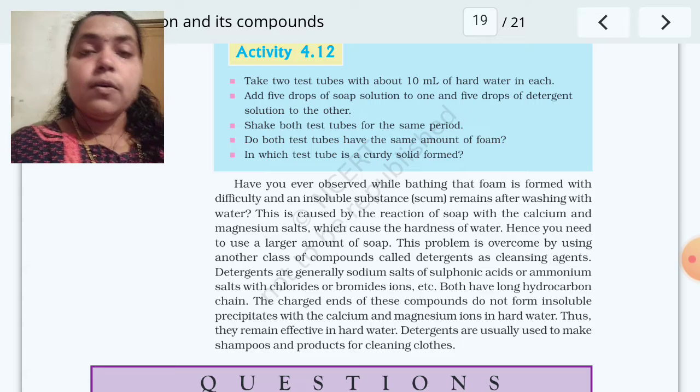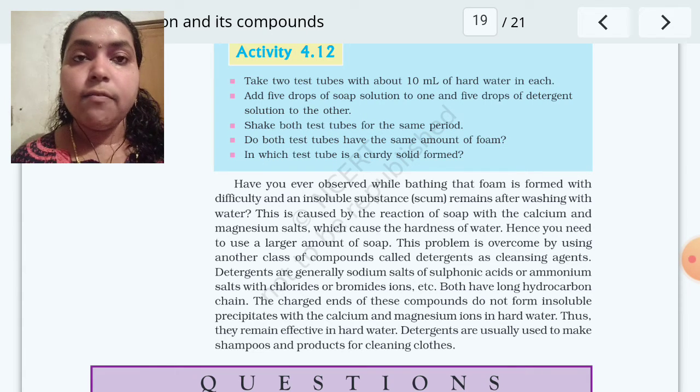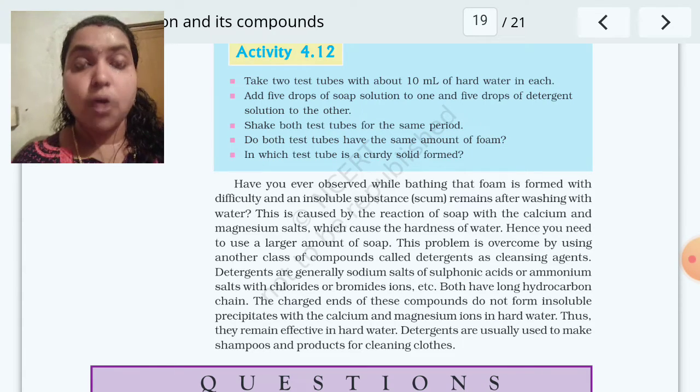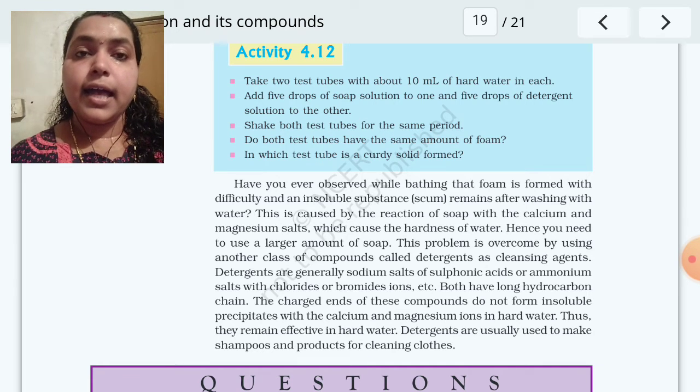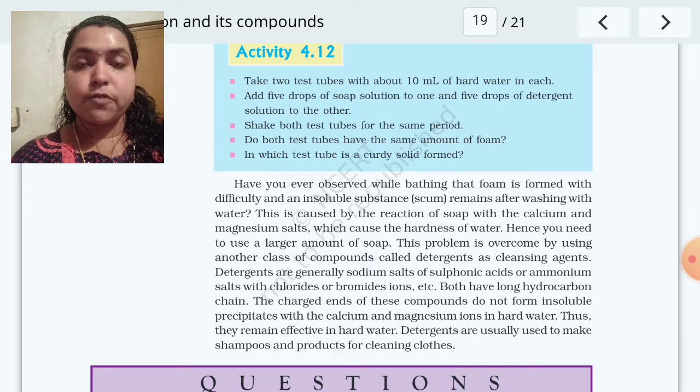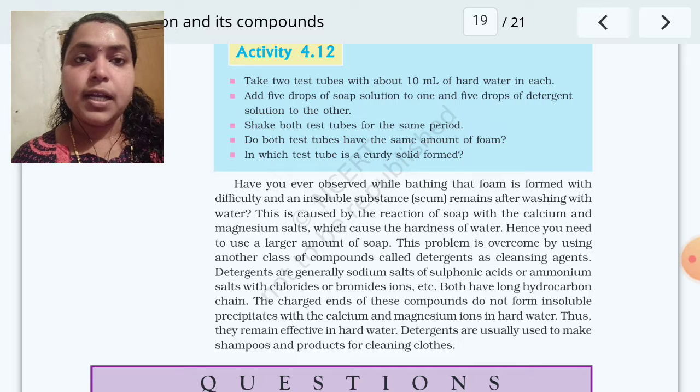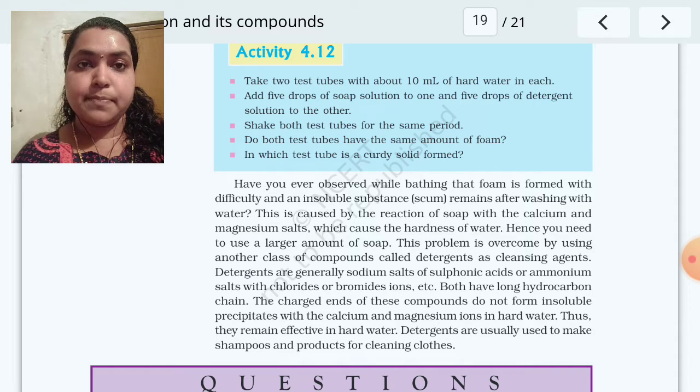What is the reason why we cannot use soaps in hard water? When we use soap in hard water, an insoluble precipitate is formed. That means scum is produced.